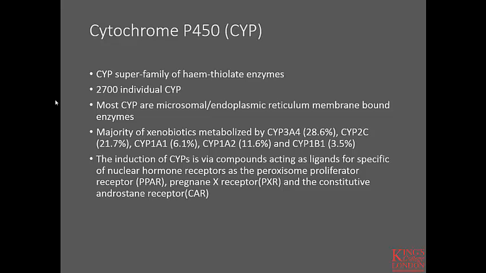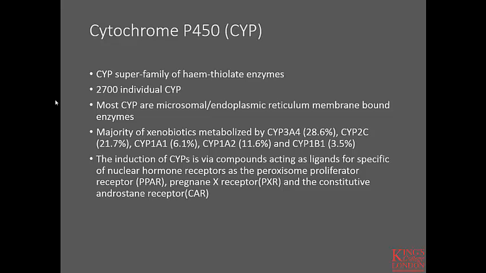So coming back for a second to Cytochrome P450 and the family of enzymes, they're a superfamily of heme thiolate enzymes. There are at least 2,700 individual CYP enzymes. Most of these are microsomal or endoplasmic membrane-bound enzymes, which means these are not generally floating around in plasma reacting with things that are extracellular. They are contained within a cell. So the detoxification steps that we're referring to here are occurring in the intracellular environment, not in the open space of the circulation.